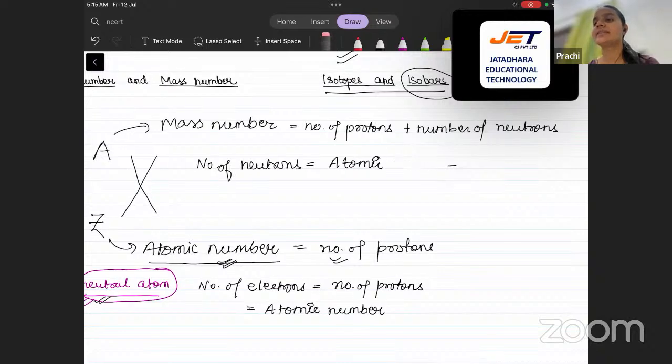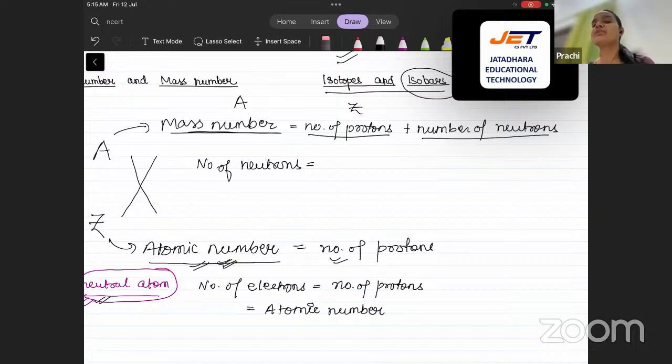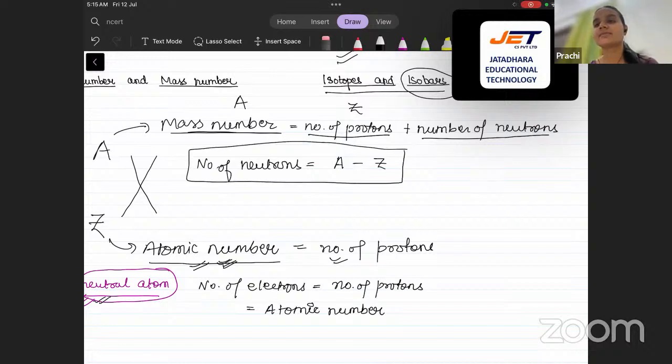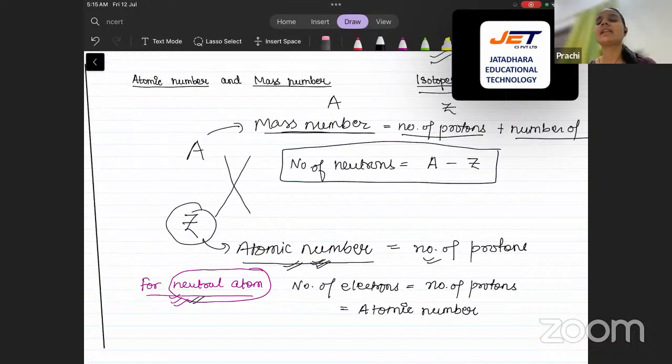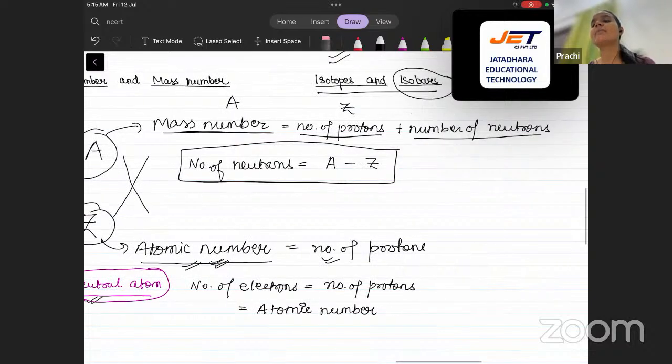So from here, what you can see is your mass number is A, and your number of protons is equal to Z. So I can write the number of neutrons will be equal to A minus Z. Simply what you have to do is, if you are given the atomic number and the mass number, you subtract the atomic number from the mass number, and that's how you'll get the number of neutrons.